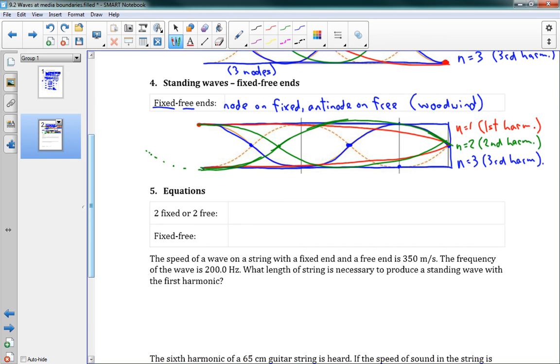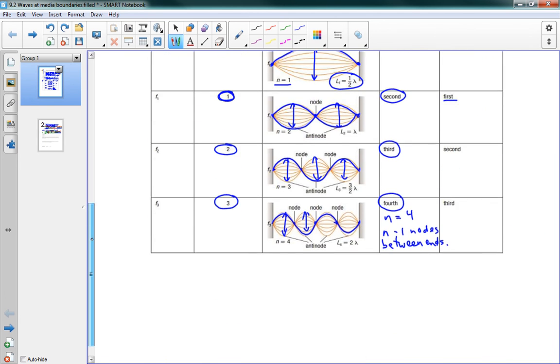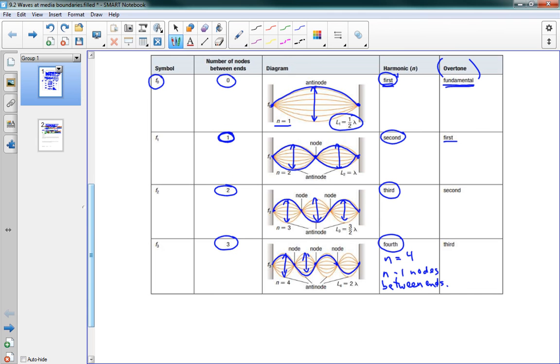So notice here it's a bit different between the, well, we'll go back to the fixed for a second. Notice the fixed, we had a node on either end, which means that we didn't need any extra nodes in between. We went from our node to an antinode down to a node again. So our fundamental had no extra nodes in between.